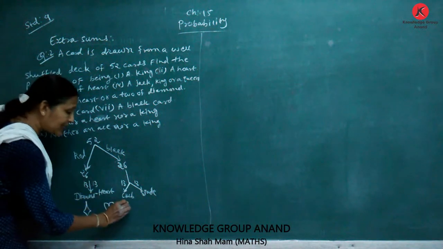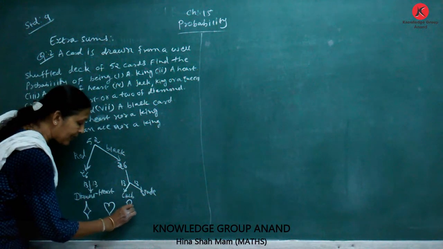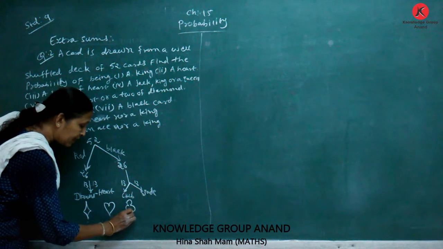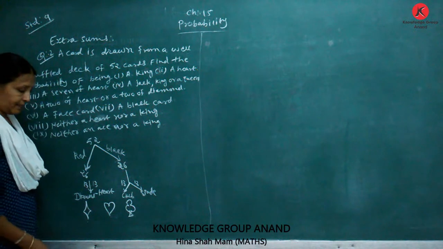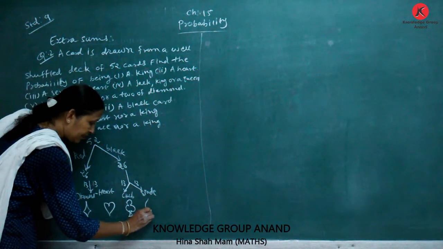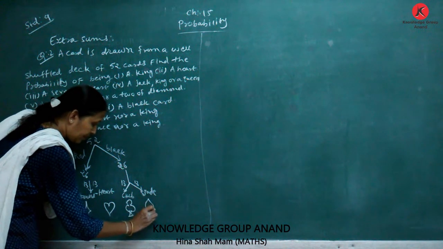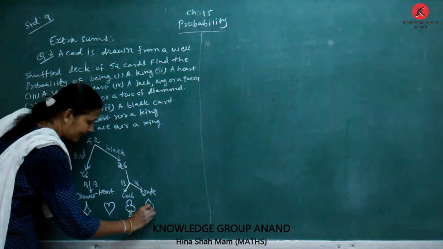In this deck of cards, these types of cards are called club and spade cards. It is like this.